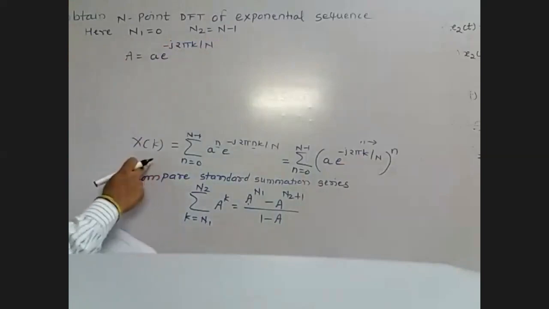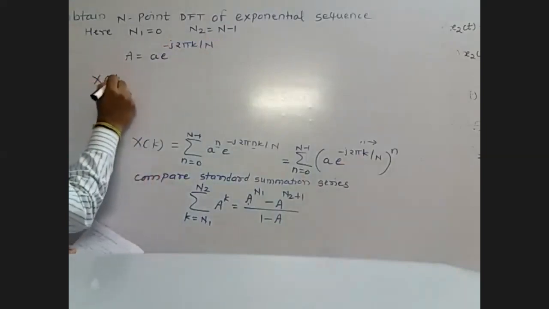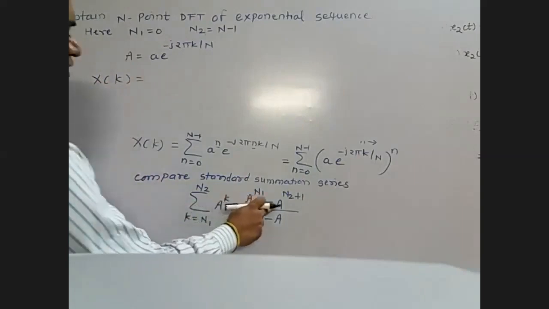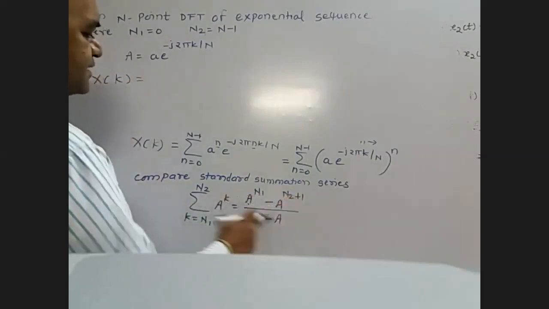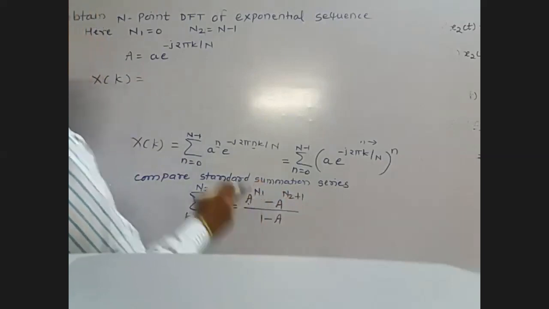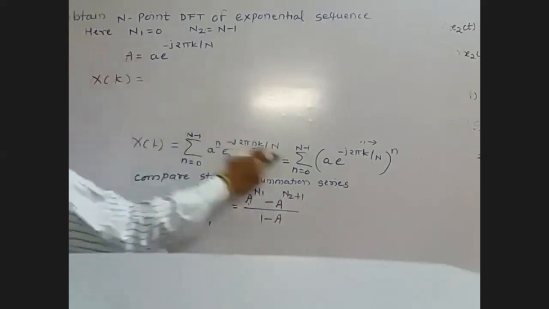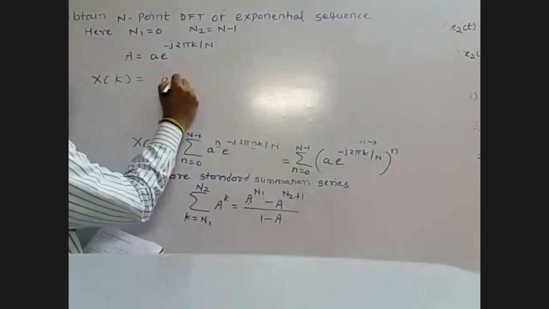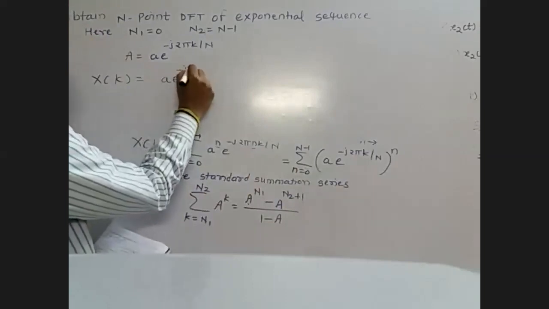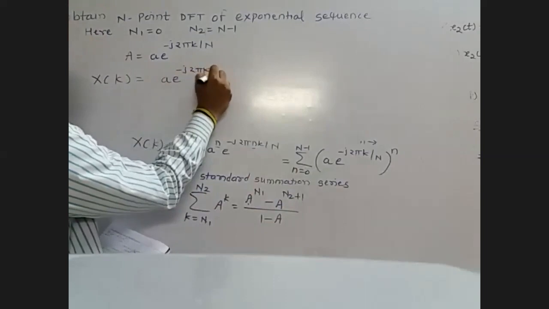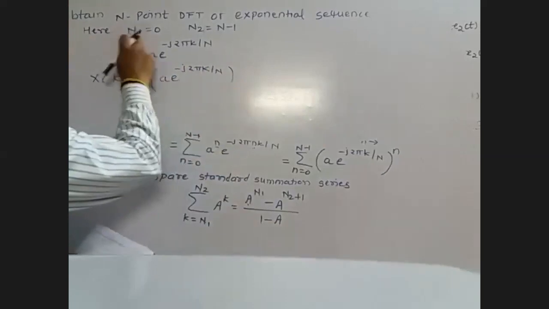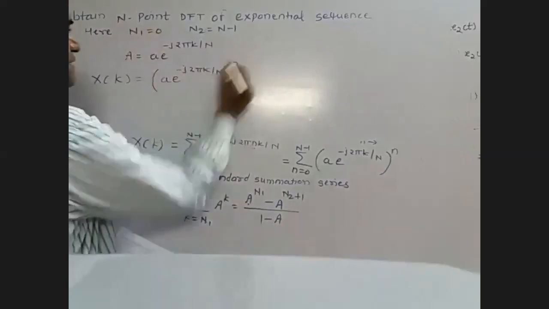Now we put this in our expression, that is x of k, in this fashion: a raised to n1 minus a raised to n2 plus 1, upon 1 minus a. Here I write the value of a, which we found by comparison. So a e raised to minus j 2 pi k by n, raised to n1, and n1 is 0.